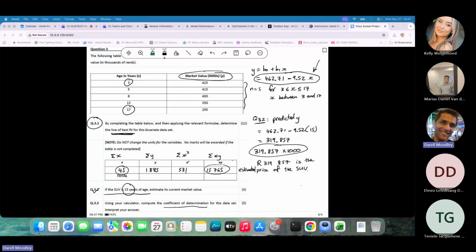3.3. Use your calculator to compute the coefficient of determination for the data set. So it tells you to use your calculator, not the formula. The coefficient of determination is your R squared value. If you store this data in your calculator, you can get R from your calculator.